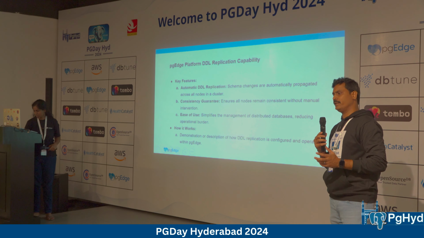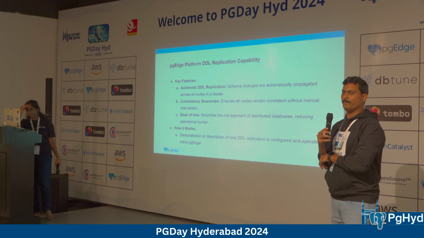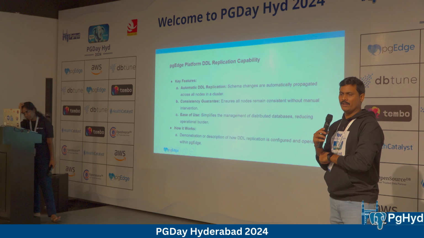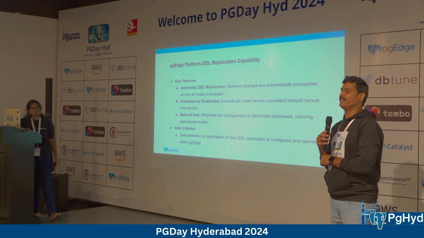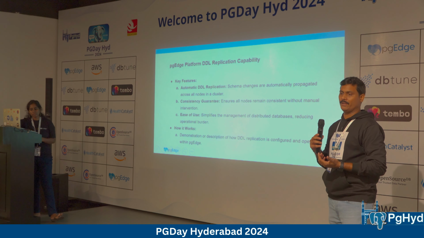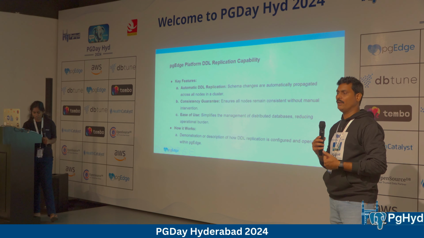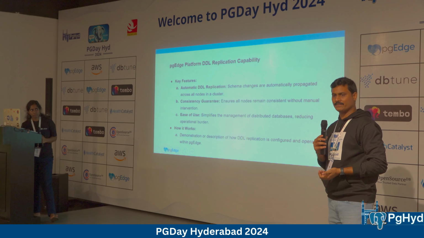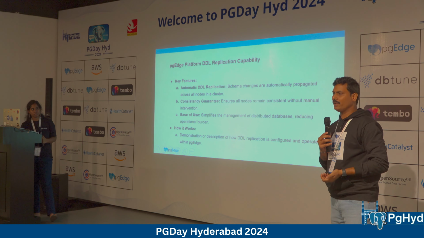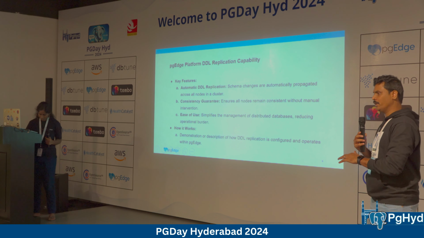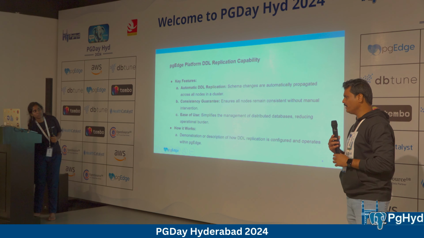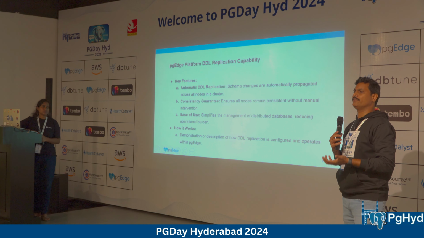But at the outset, when you look at some of the bare minimum or less complex things like altering a table with default values, or most of the schema changes that the application developers would like to have, are covered. Some of the corner cases are when we are working with triggers, right?